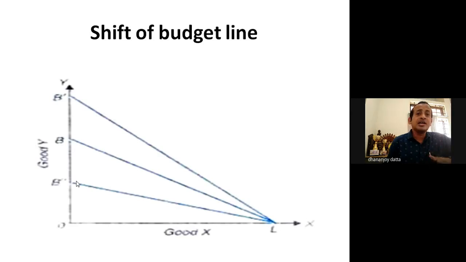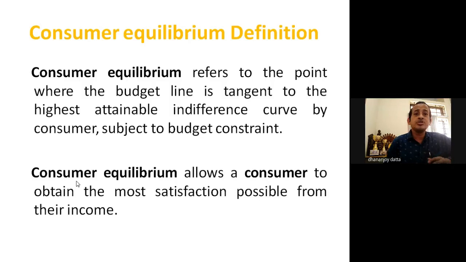Next we'll discuss the consumer equilibrium definition. But before going to the consumer equilibrium definition, again I would like to repeat that from the budget line, we have discussed the definition of the budget line graph, then budget constraints, slope of the budget line, then shift of the budget line.